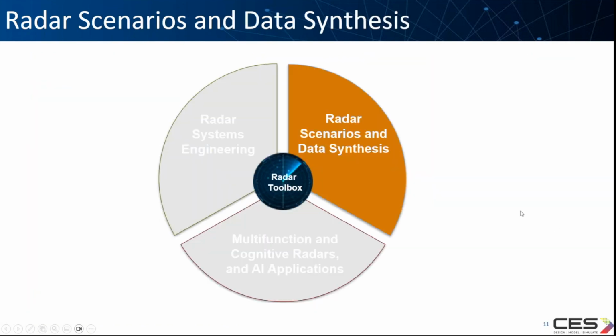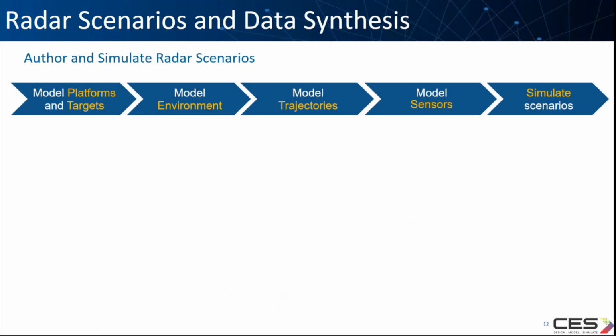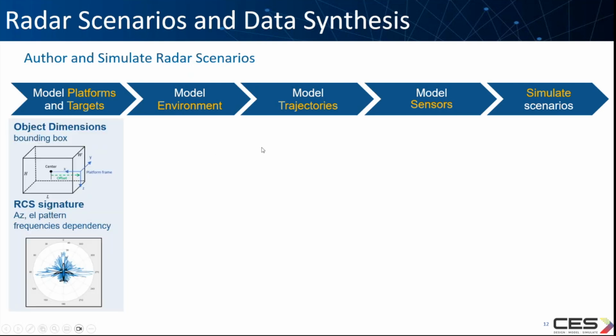Let's now talk about how we can take this radar and test it in scenarios. To define and simulate radar scenarios, you have a very straightforward workflow in Radar Toolbox. You start with modeling platforms and targets, and that includes modeling your targets using a bounding box or just an RCS signature.